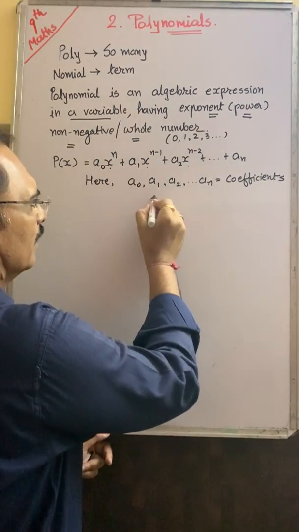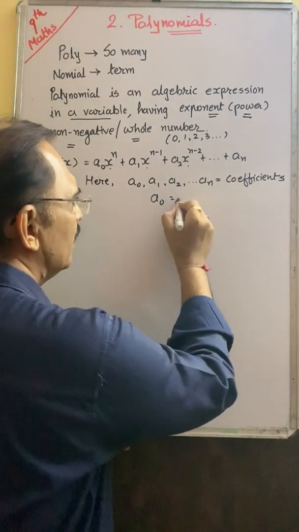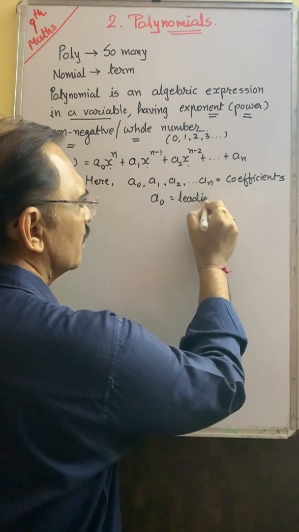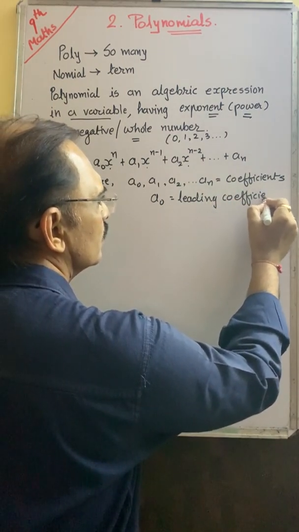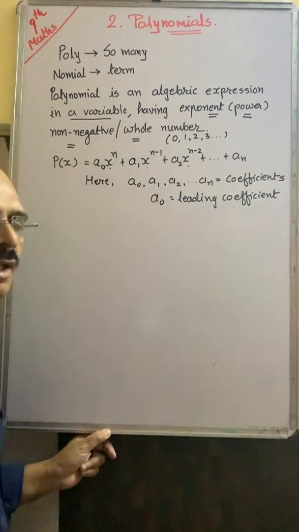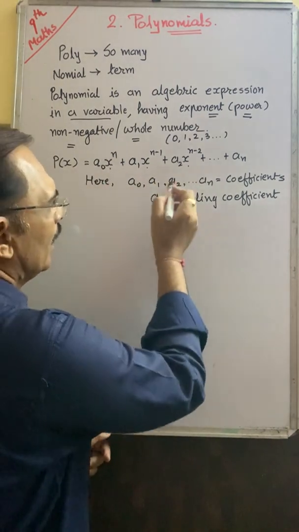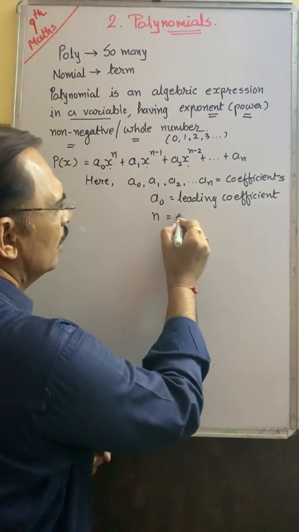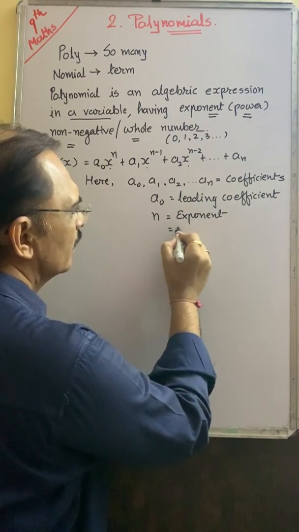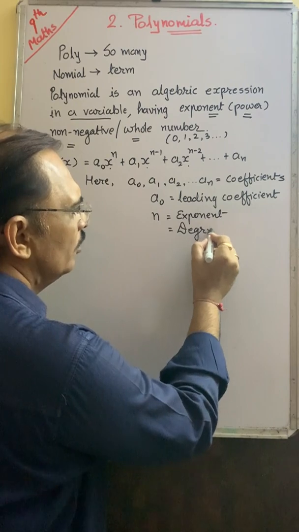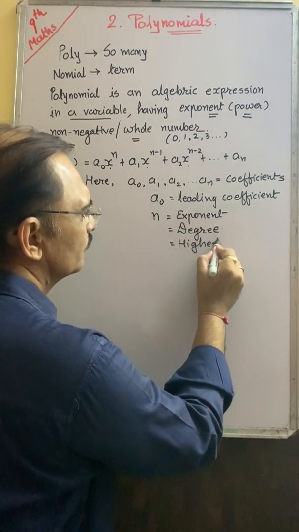Out of this, a0 is written first. That's why it is known as leading coefficient. So it is called leading coefficient. Now n, n minus 1 and so on, n is called exponent. Here it is degree. What do you mean by degree? Degree means highest power.